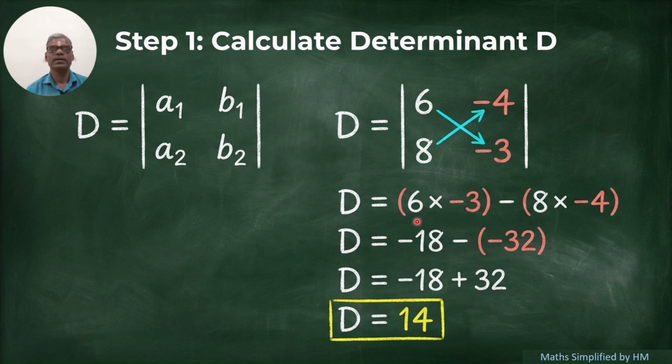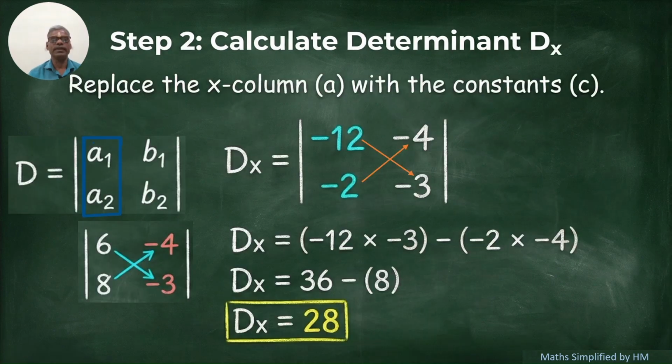Here we get 6 into minus 3 is equal to minus 18, because we know that when we multiply a plus and a minus term we get a negative number. Minus, in bracket, 8 into minus 4 is minus 32, so minus 18, minus into minus again becomes plus, so minus 18 plus 32. Solving, we get D is equal to 14.